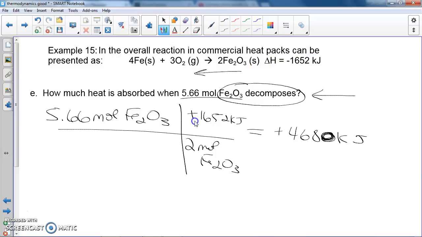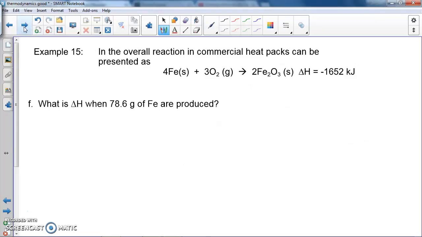All right, on to F. Here again, we're going to think about what direction we are being asked to think about. We are talking about iron being produced. Well, this way it shows iron as a reactant. So if I talk about iron being produced, I have to think of the reverse reaction. So then I start with 78.6 grams of iron.